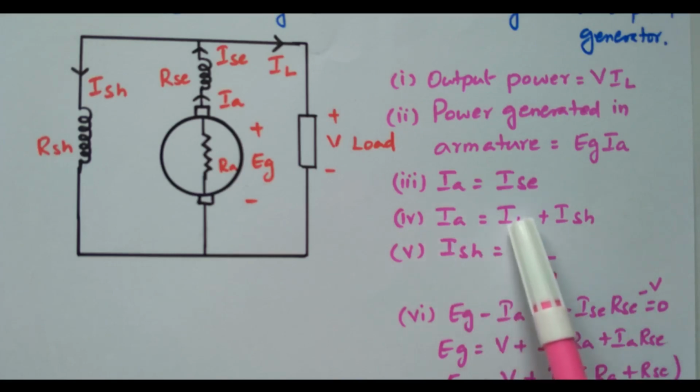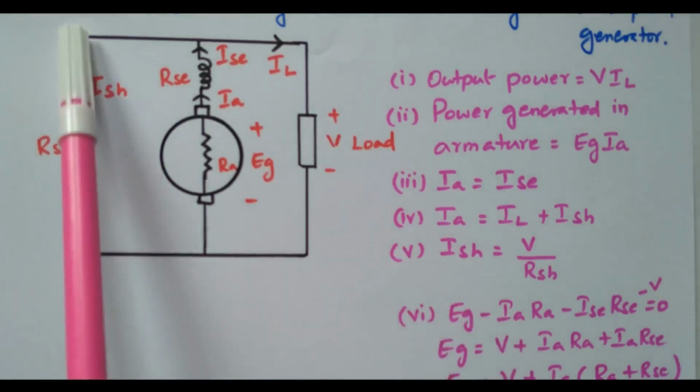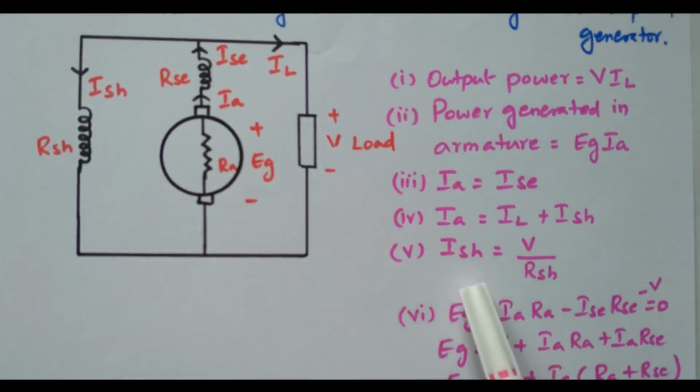IA is split into load current and ISH. So ISH can be written as V divided by RSH, because RSH is connected across the load terminal, right? So the same voltage will be applied across RSH also. So the current through the shunt field winding is V divided by RSH.